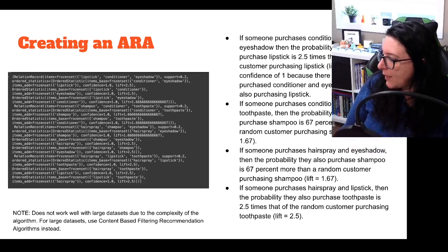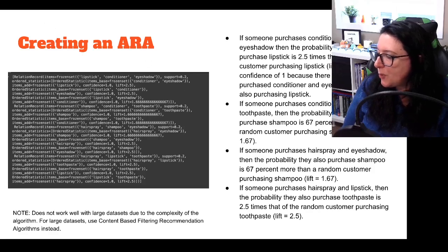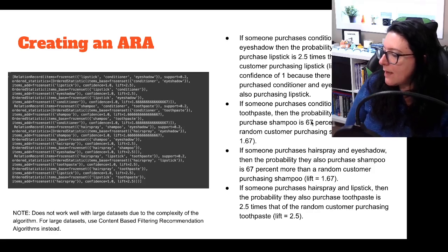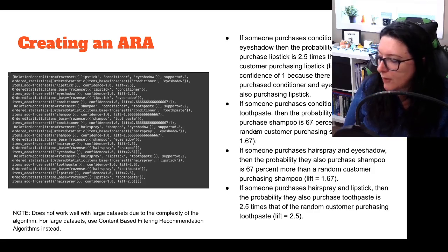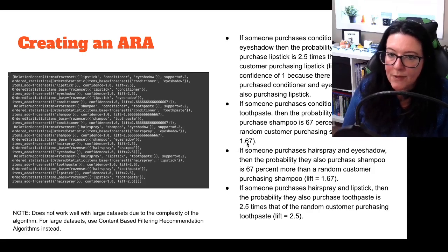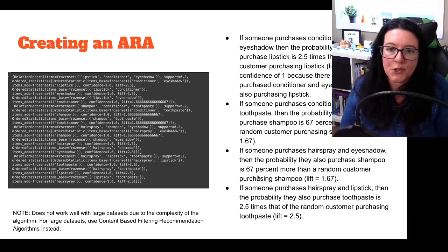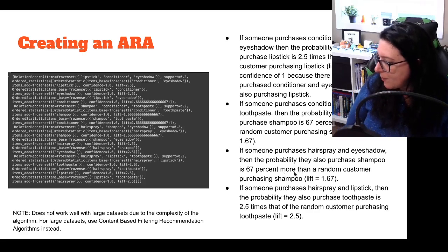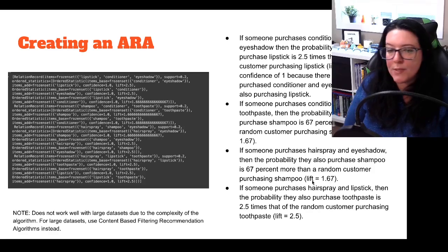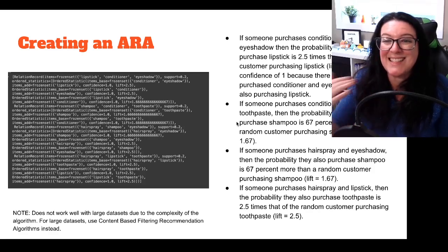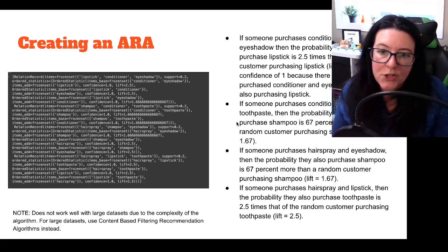So a summary here, if someone purchases conditioner and toothpaste, then the probability they also purchase shampoo is 67% more than a random person. We have a lift of 1.67. If someone purchases hairspray and eyeshadow, then the probability they also purchase shampoo is 67% more than the random customer. So notice the lift of 1.67 is a 67% greater chance.